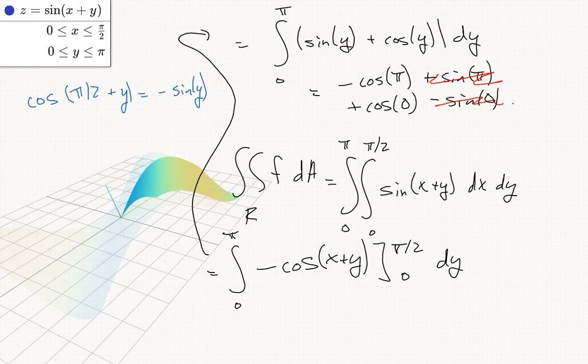These terms go away, so we get 2. So that is the integral of f over this region.